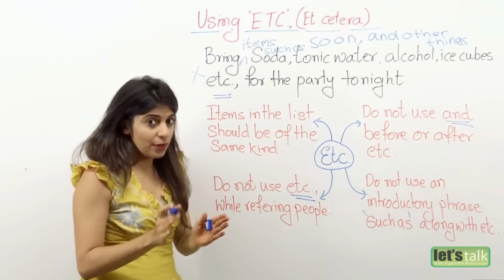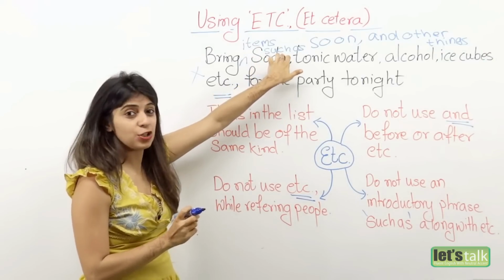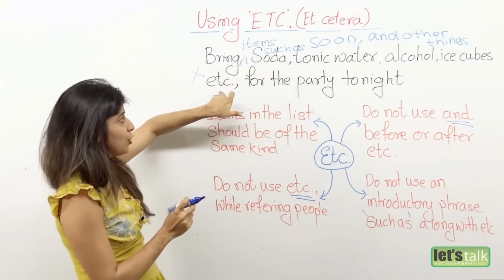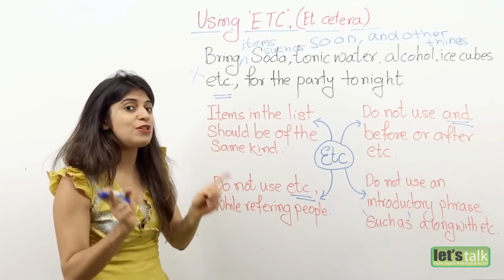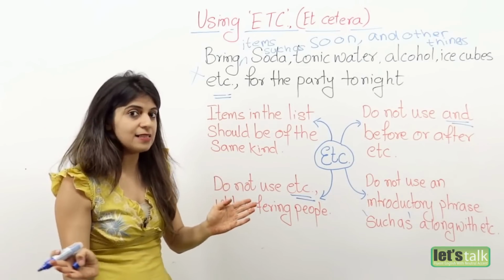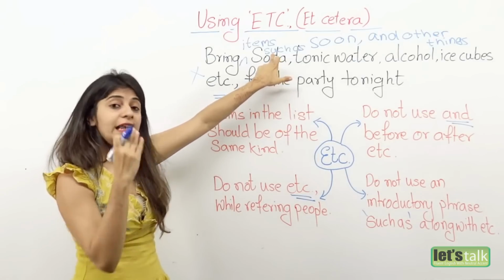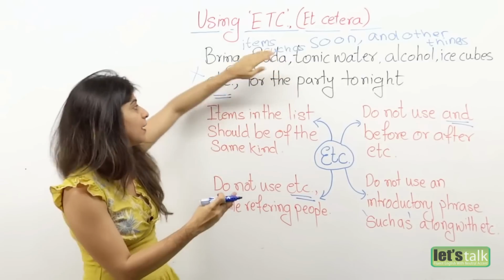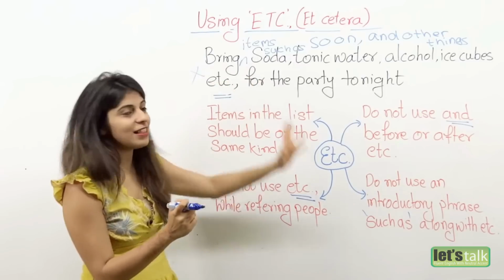Okay? The reason is that here I am using the phrase such as, and I'm also using etc. It doesn't make sense. So you never introduce a list by using the phrase such as. And if you're using it, then please do not use etc. Okay? I hope you got this right.